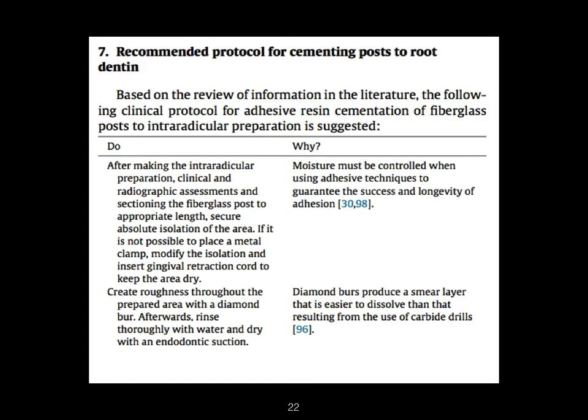In the same article, they have a useful table about the recommended protocol for cementing post to root dentine. And the first thing is actually to maintain good isolation because you are using a resin-based cement. And also, they have recommended the use of diamond bur, which produces a smear layer that is easier to dissolve compared to carbide drill.